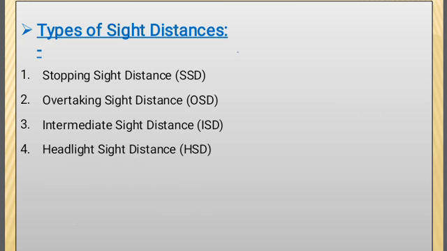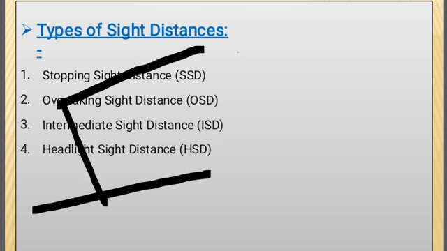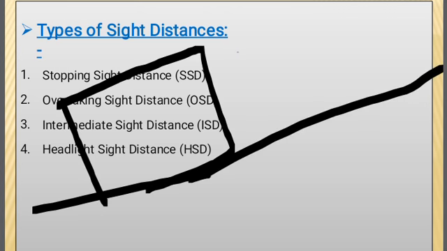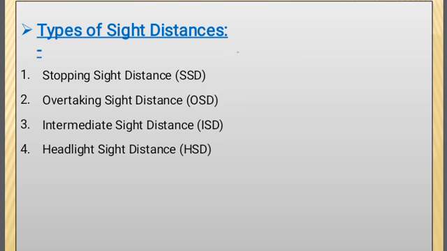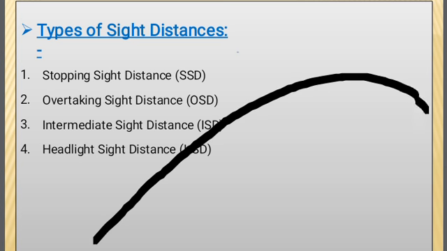Suppose this is a vehicle moving during the night time, and whatever distance is covered by the headlight on the road, that covered distance on the road is called headlight sight distance. Take one more example. This is a hilly portion and this is the vehicle.